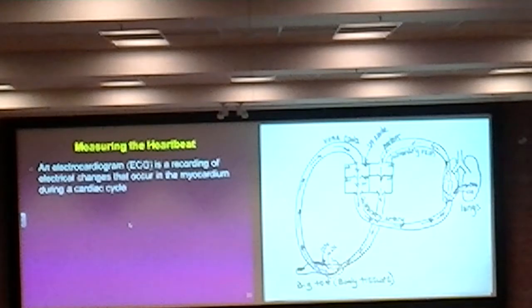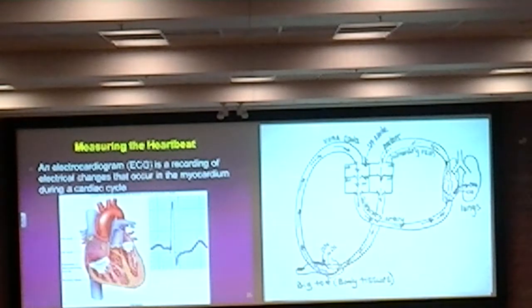As your ventricles contract, that's sending out an electrical signal. And then as those heart chambers are resetting themselves back to their resting position, they also send out an electrical signal that can be picked up by these electrodes that you have stuck to your chest. So here's a typical picture of what a single ECG trace looks like.